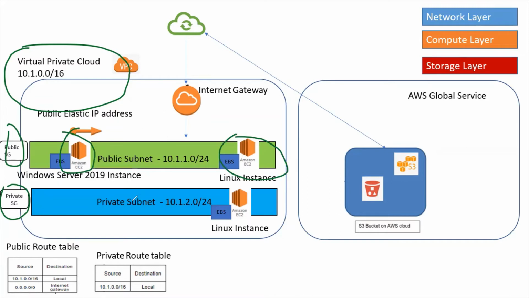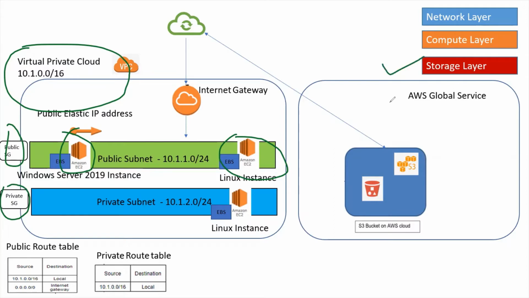If you want to learn how to create these components, you can watch my previous videos. What I'm going to show in this video is that, with these components in place, we will create the AWS S3 storage service and add the storage layer in the practical demonstrations.